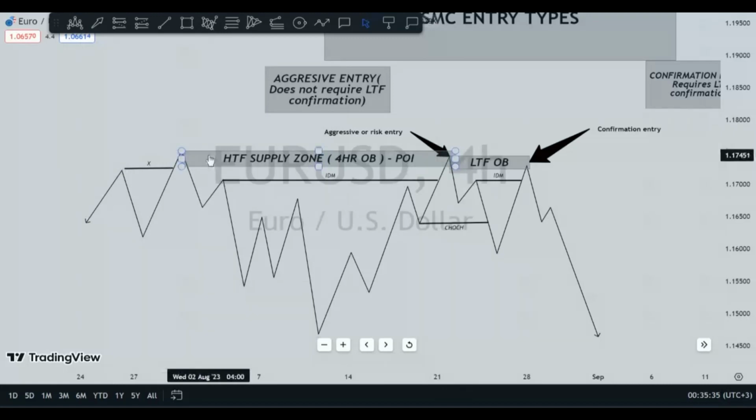So entering aggressively might make you lose the trade.